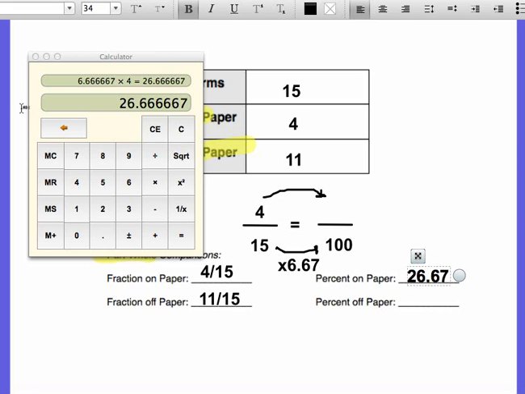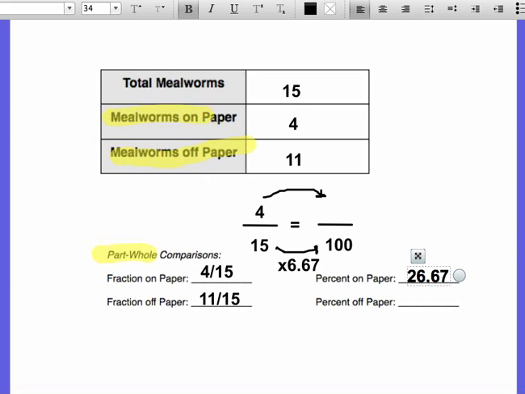Now for the percent off paper, I already know what I'm going to be multiplying 15 by because it's the same denominator. So the only difference is instead of having 4 in the numerator, I'm going to have 11 in the numerator. But I'm going to take that 11 and multiply it by 6.67 because I need to get the denominator to 100.